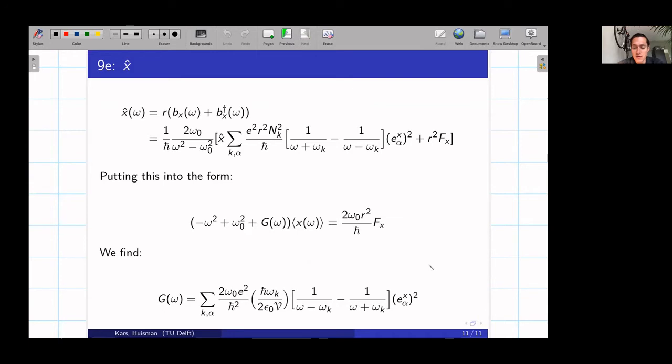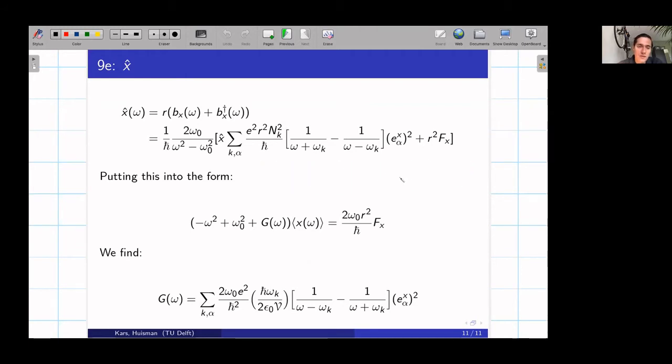Now we can plug that back into the equation of motion we derived. You can solve that in terms of b_x, then add b_x and b_x dagger, multiply by R, and after some algebra you obtain this equation here.